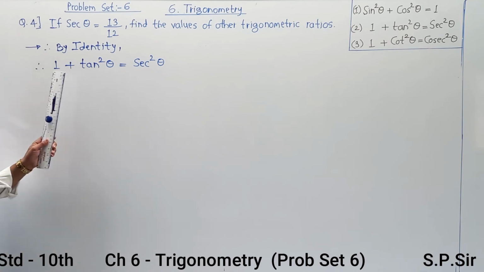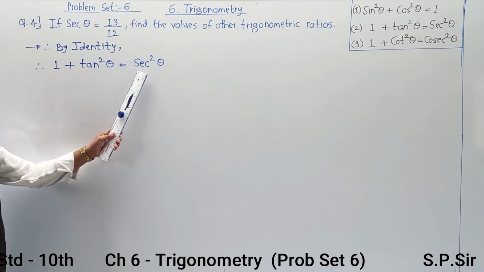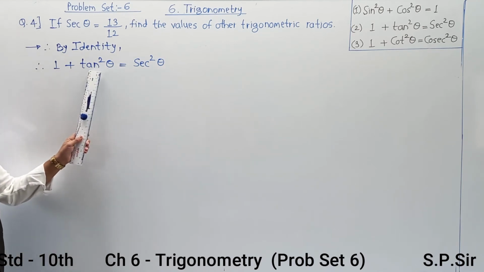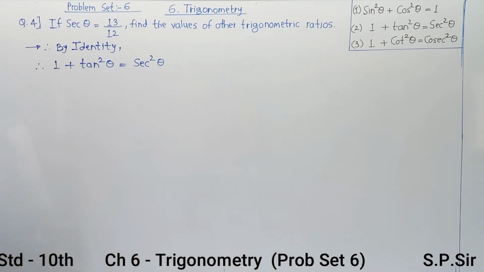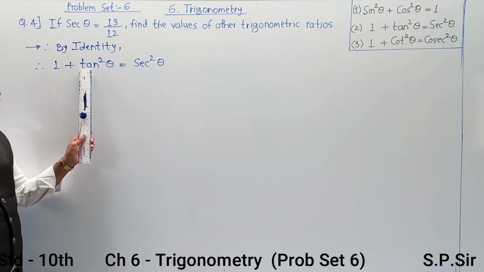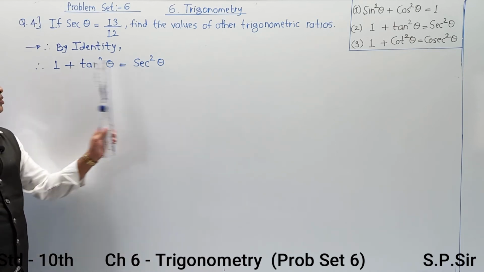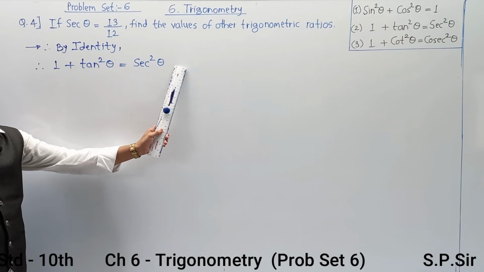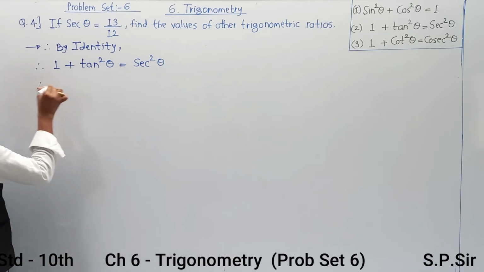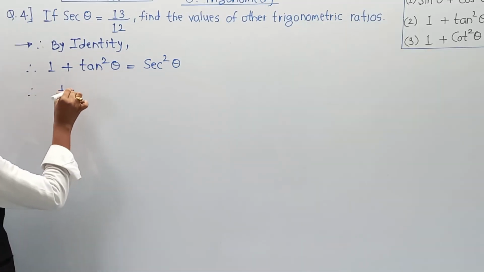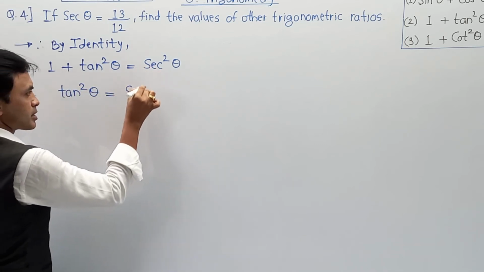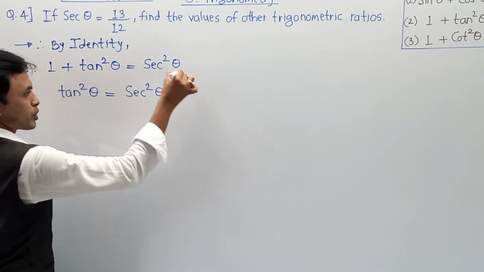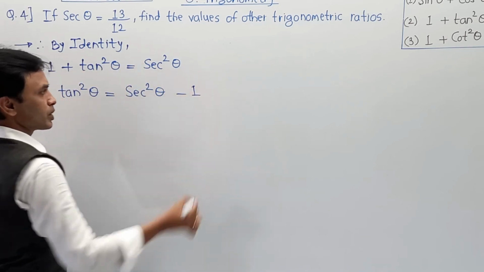Now here we know the value of sec square theta and we are interested in finding the value of tan theta. So shifting this one to that side, the value becomes tan square theta is equal to sec square theta, and the plus 1 goes to that side, minus 1.